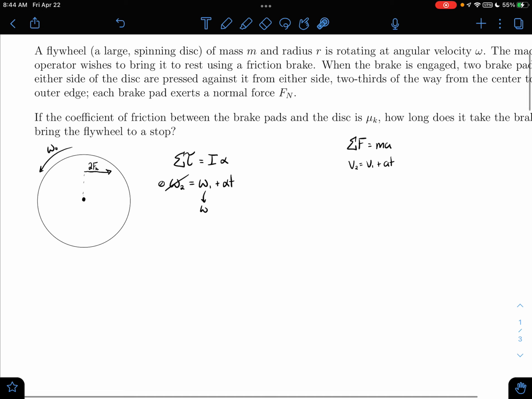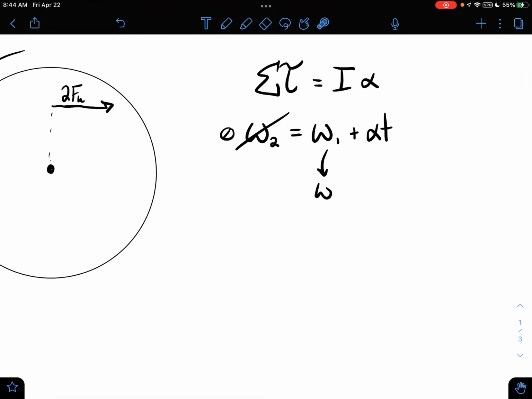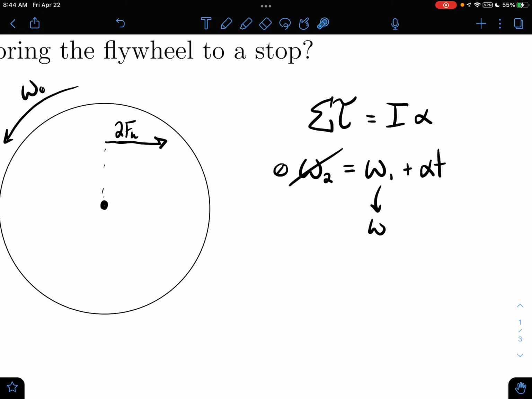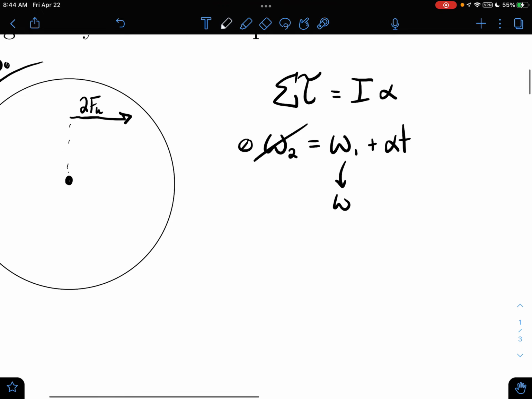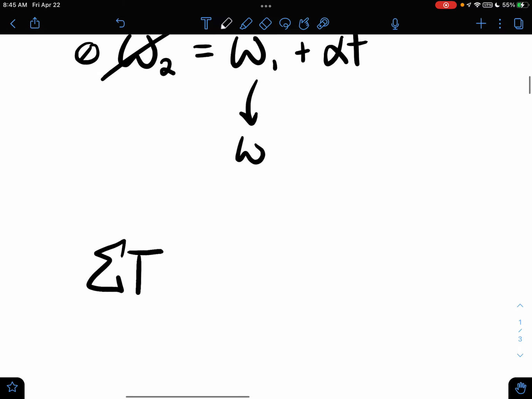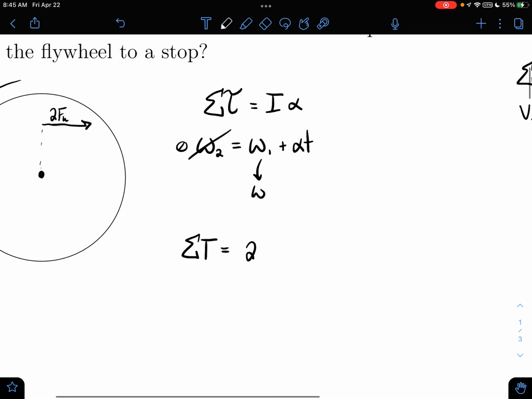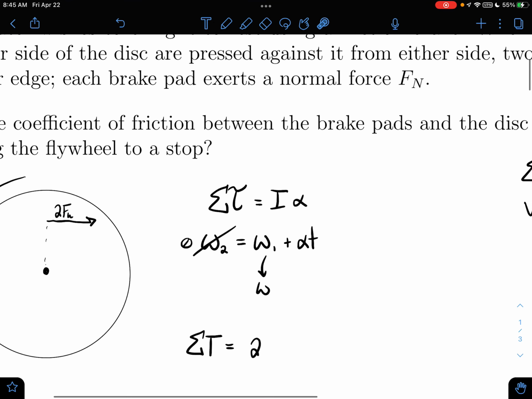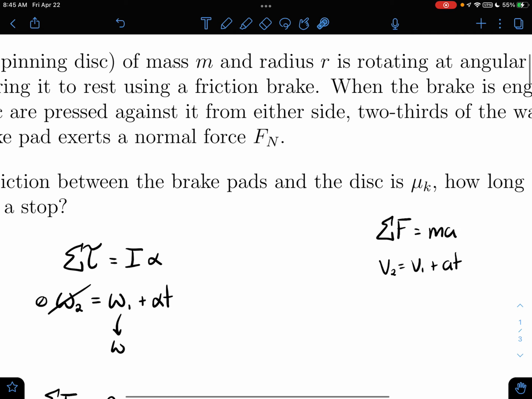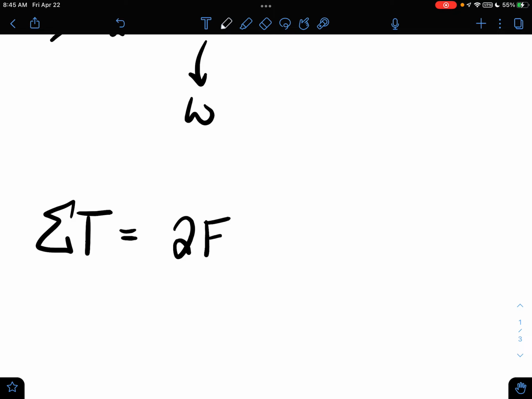So let's start figuring out some of our torques, right? So we have this force acting here. If I choose the center to be my pivot, then since the force is perpendicular to this radius, the sum of the torques is just that one force acting, well, 2 of them, so it's going to equal 2 times our force due to kinetic friction, which is normal force times mu k, both of which are given as hypothetical numbers.